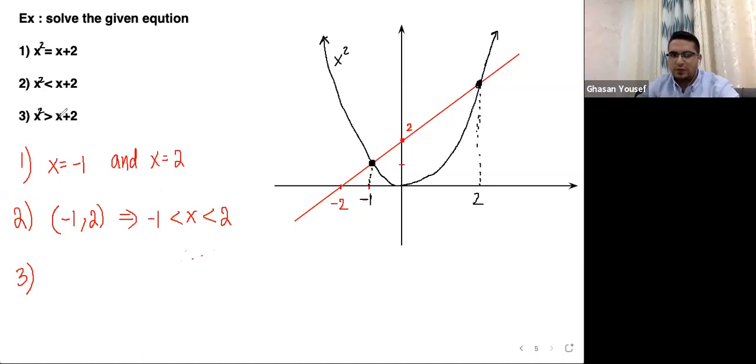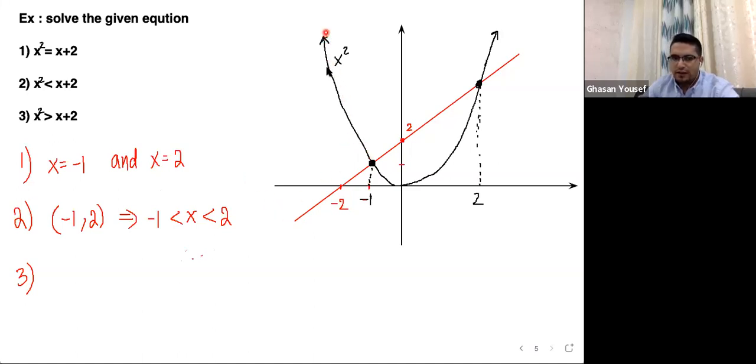Number 3, when x squared will be greater than x plus 2. Or in different words, when the curve x squared will be above the curve x plus 2. So x squared will be above x plus 2 at which interval? We have two intervals.